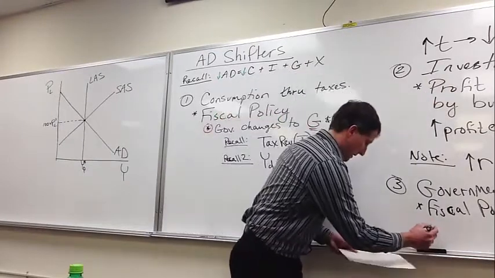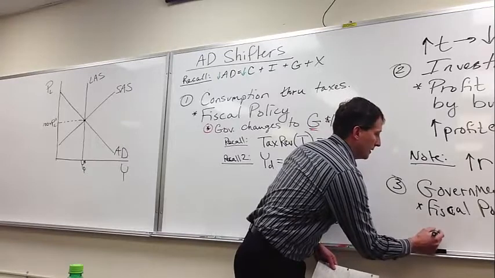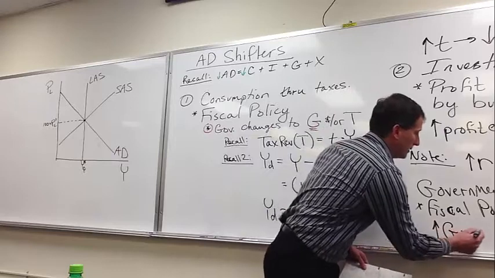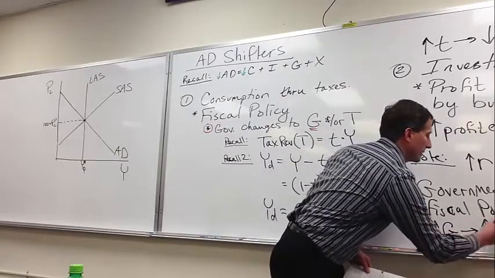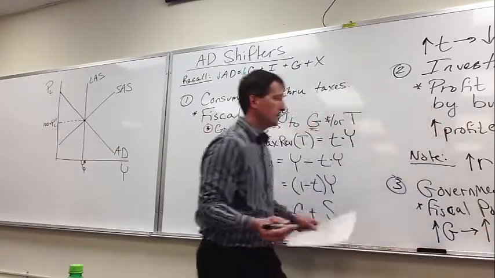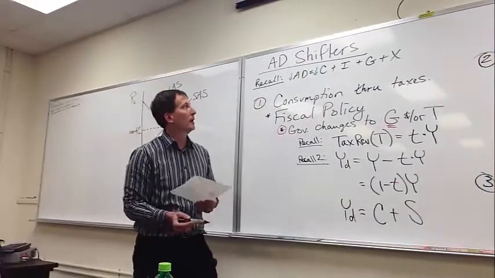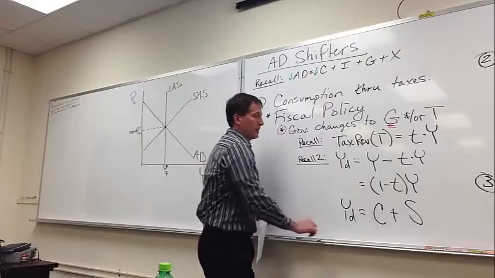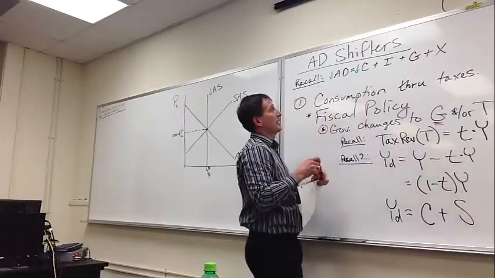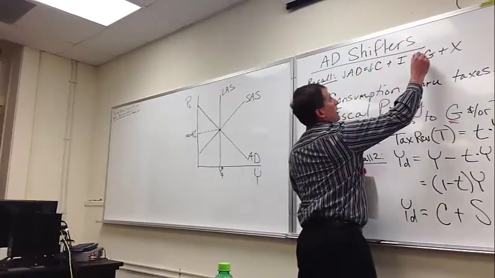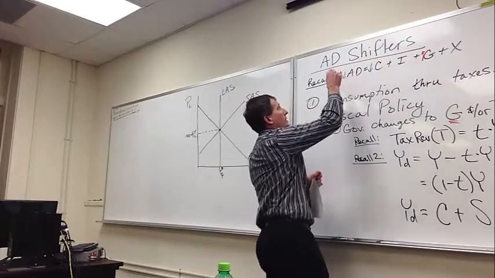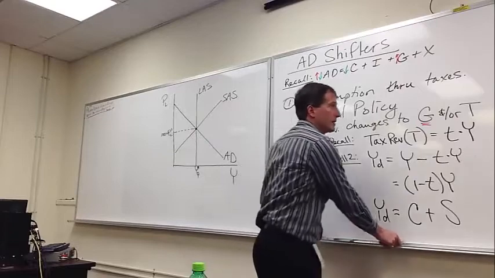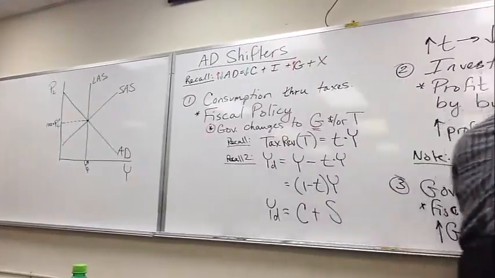And an increase in government spending leads to an increase in aggregate demand. Again, just following our formula, which is helpful to come back to. It seems pretty easy. Increase in G increases aggregate demand. So we can kind of go back to that each time with these.